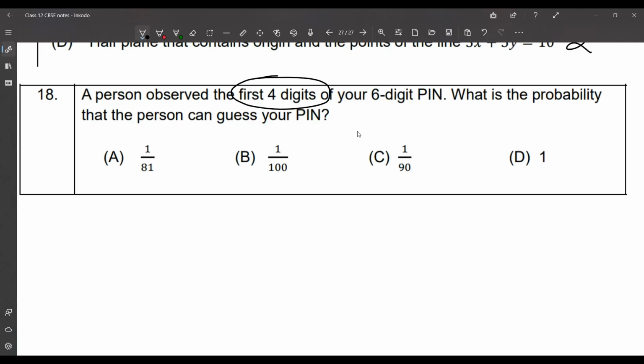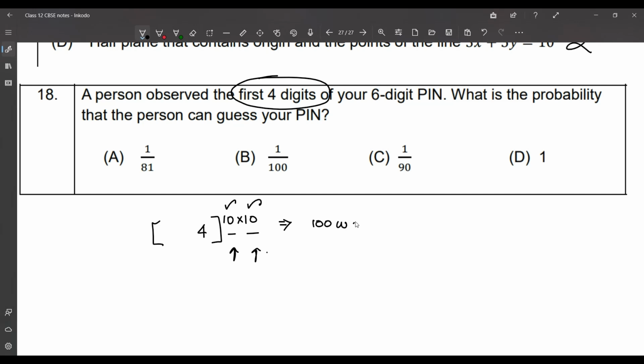So which means only 2 are to be guessed out of the 6. And these 2 can be guessed in 10 into 10 ways. These four are already observed. Only two are left. So there is a possibility of 100 ways in which the last two digits can be framed.